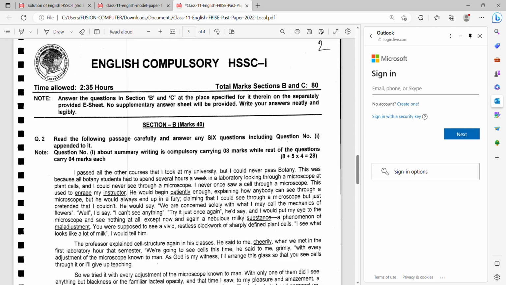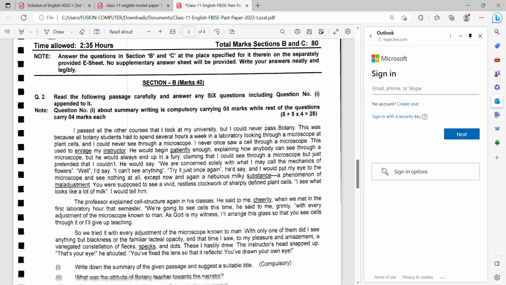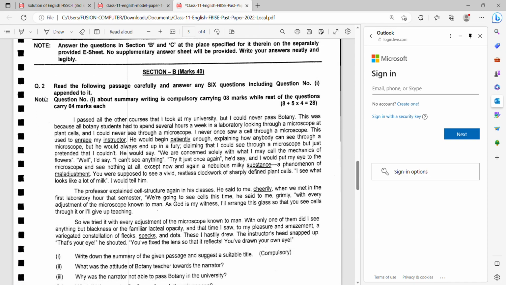Coming to the subjective paper, you are allowed 2 hours and 35 minutes for this paper, and it consists of 2 sections. Section B, 40 marks. In Question number 2, a passage is given to you. It may be from your textbook, or it may be an unseen passage.